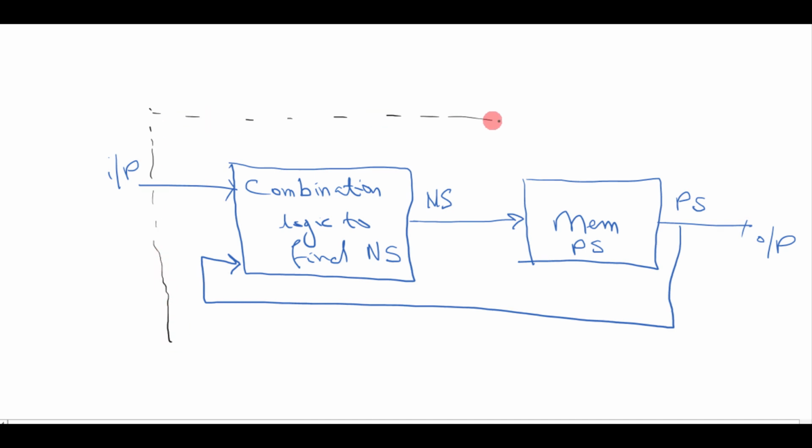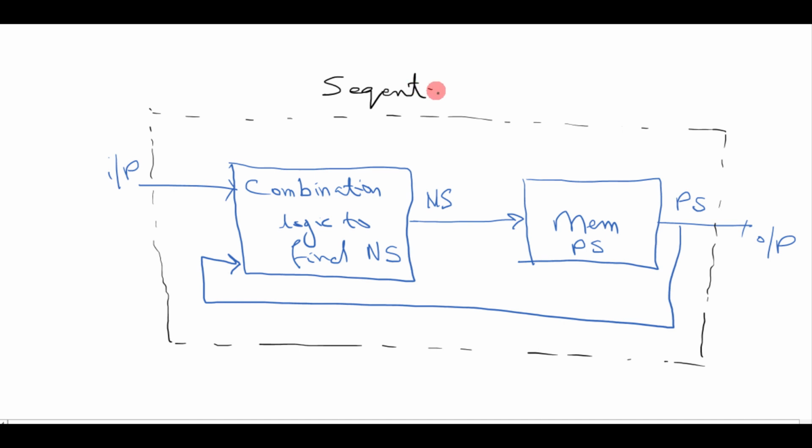This is a sequential machine. In a sequential machine, your output not only depends on your input, but also on the present state of your machine. Using the present state and the input, it calculates the next state.